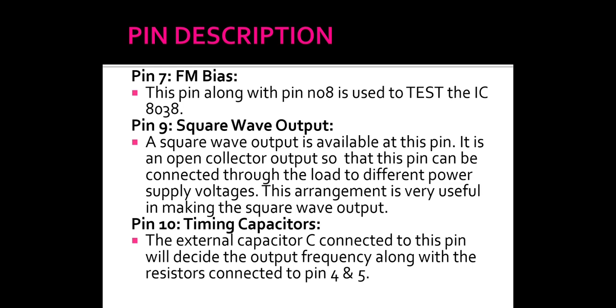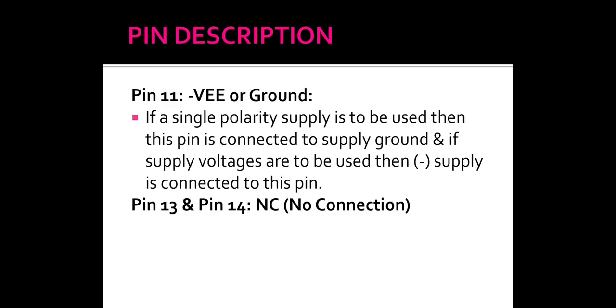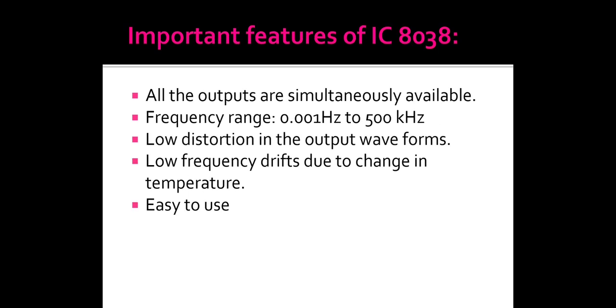At pin number 10 we have to connect a timing capacitor, which decides the output frequency along with the resistors connected at terminals 4 and 5. And pin number 11 is minus V or ground, and pin numbers 13 and 14 do not have any connections. So these are all about the pin description.